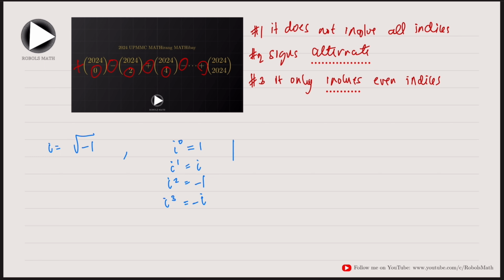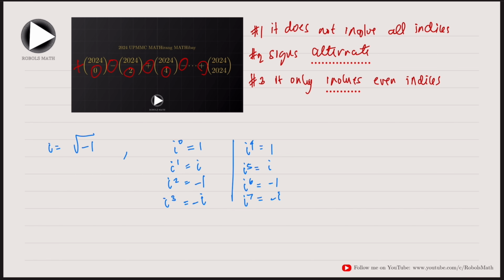And this cycle repeats every 4 terms, so we have i to the 4th equals 1, i to the 5th is equal to i, i to the 6th is equal to -1, i to the 7th is equal to -i, and so on.